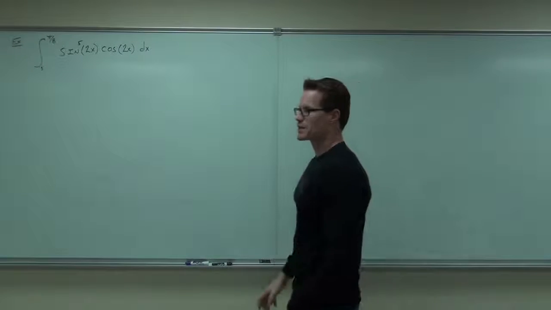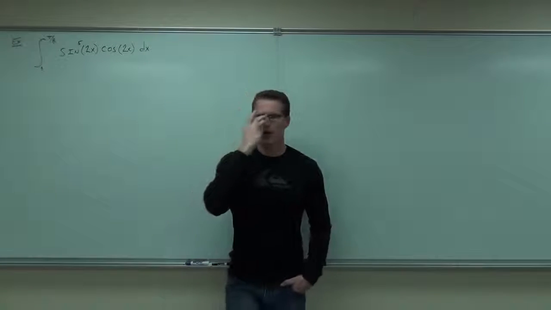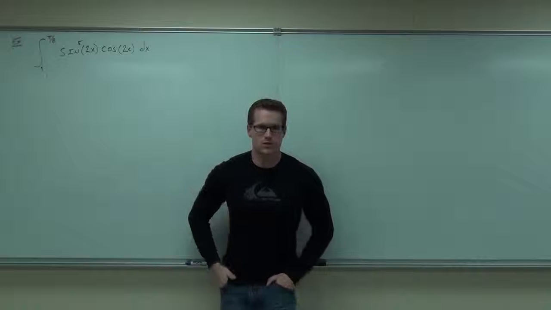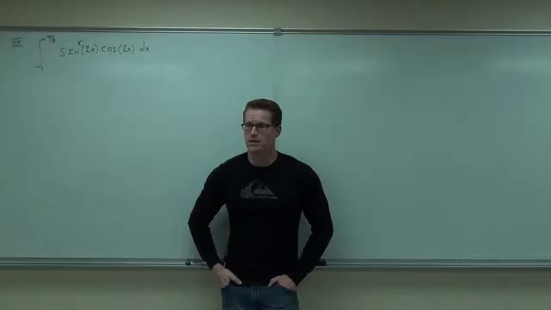Some of you might be asking, well, could it be 2x? If it was 2x, it'd be sine of u to the fifth times cosine of u. Sine of u to the fifth times cosine of u does not fall in your integration table. So that doesn't really help you at all.